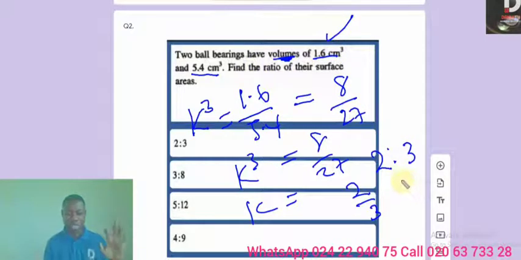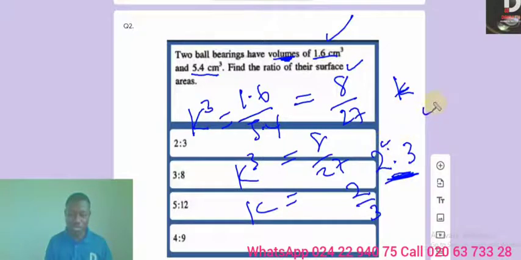Now, this is the scale factor of straight lines or their length. The question says find the ratio of their surface areas. Surface area of every length is what? Square of it. So square of this is 4. Square of this is 9.